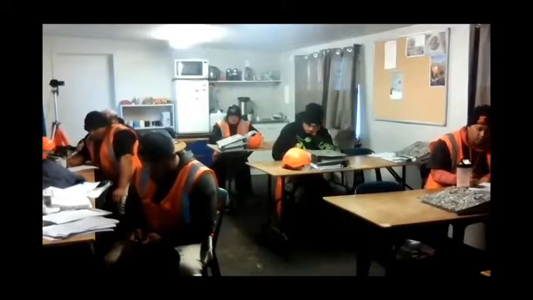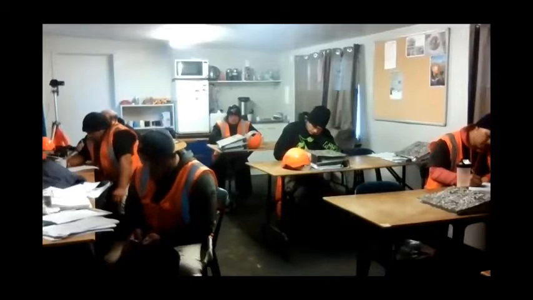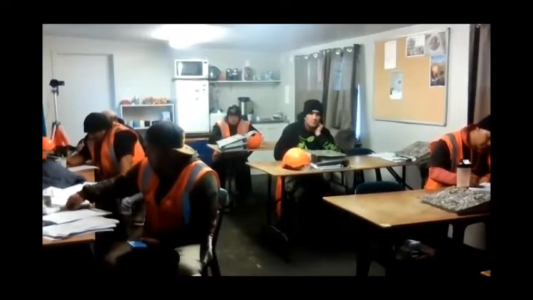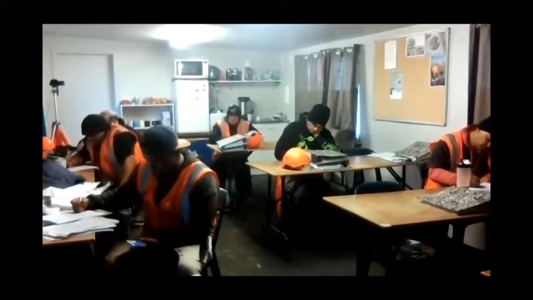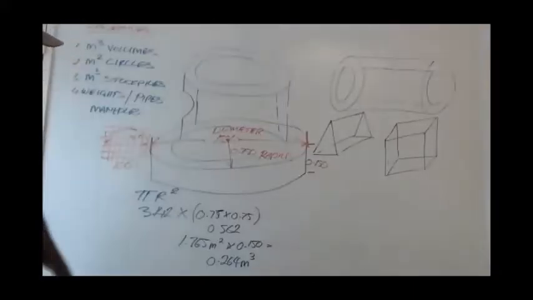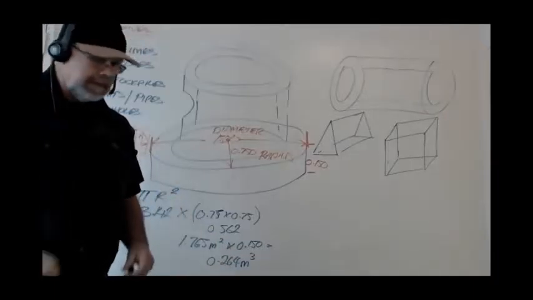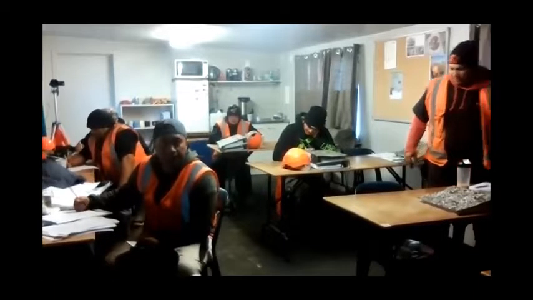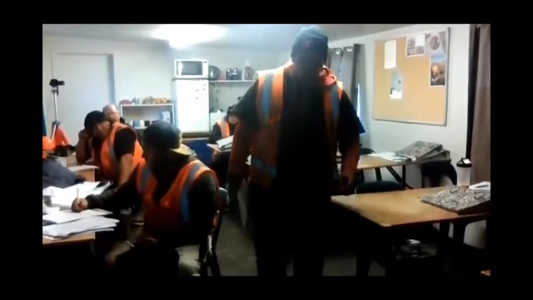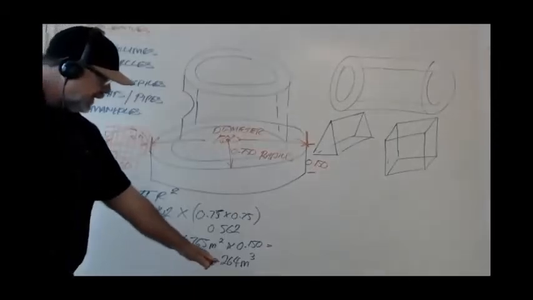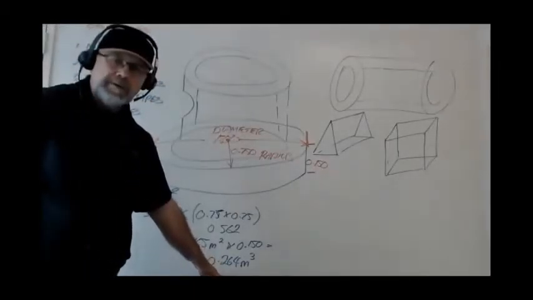Correct. 0.264. Yeah. So 0.264 of a cubic meter of concrete. Yep, that's cubic meters. So now we know what the cubic volume is.